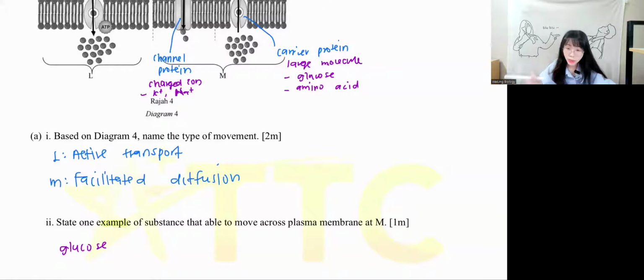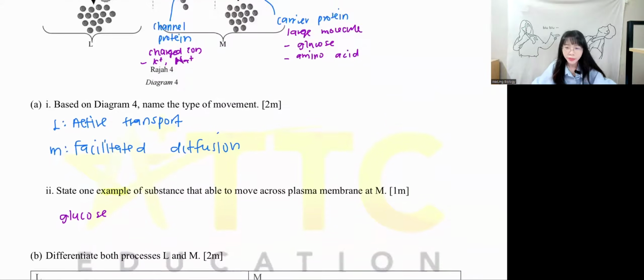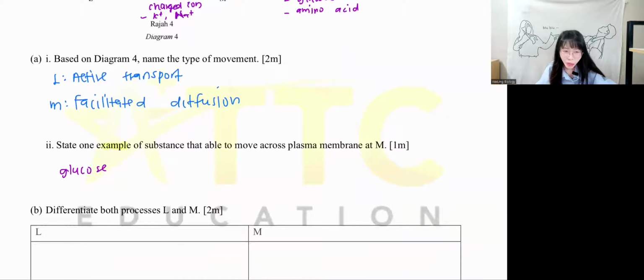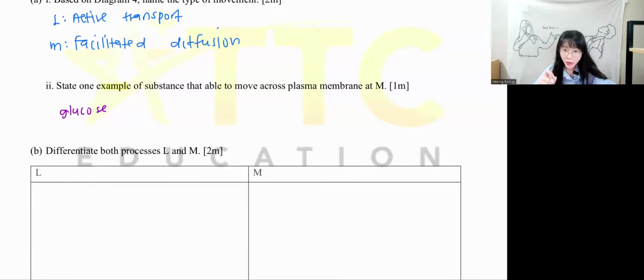You can choose sodium, potassium also can because they just say M. They didn't say which one, they just say M. So it's a very general one, just write whichever that you want. Just state the example. Don't have to write the carrier protein or channel protein, unless the question asks you to write accordingly to the protein itself.